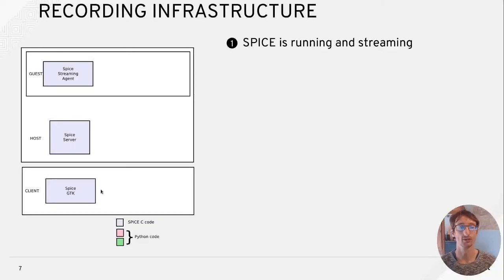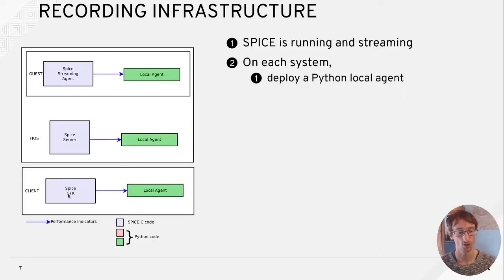First of all, we need to have Spice running in each of the systems. On each of these systems, we deploy a local agent in Python that will be in charge of collecting the different events, the different statuses.